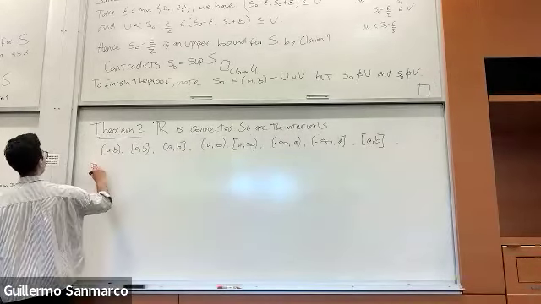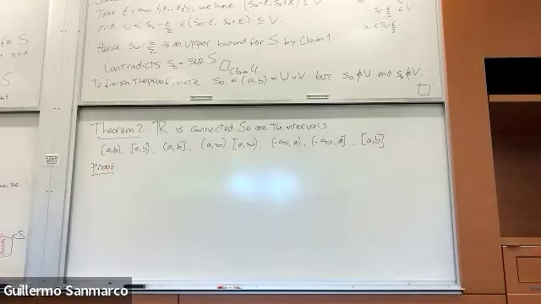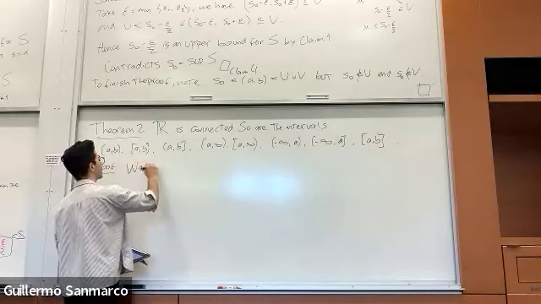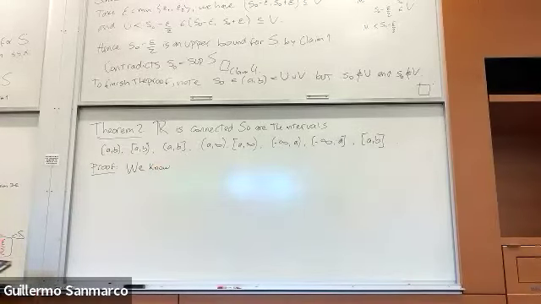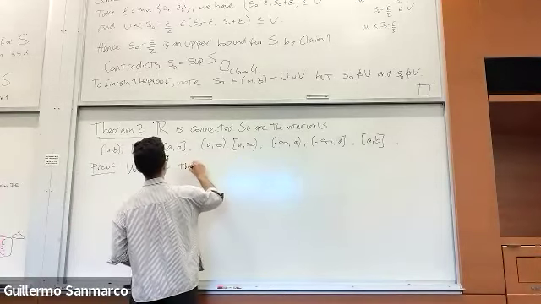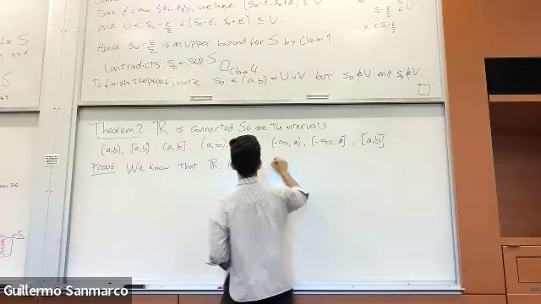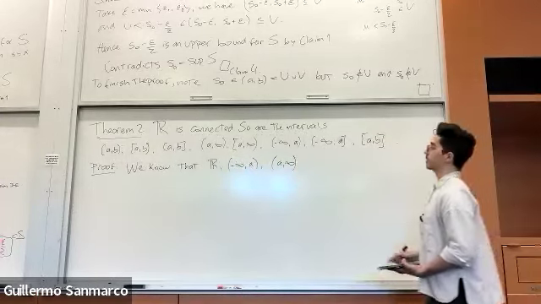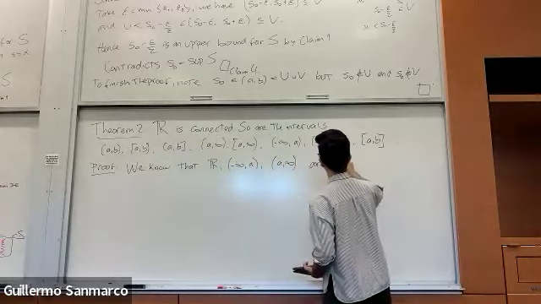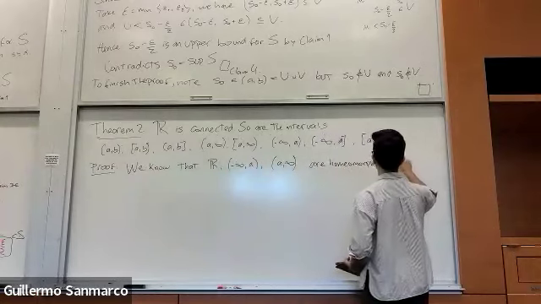So the proof here is a corollary of the previous theorem. We said this a while ago: all the open guys here are homeomorphic. The reals, anything like negative infinity to A open, A to infinity open, all the open guys are homeomorphic to (A, B) open.